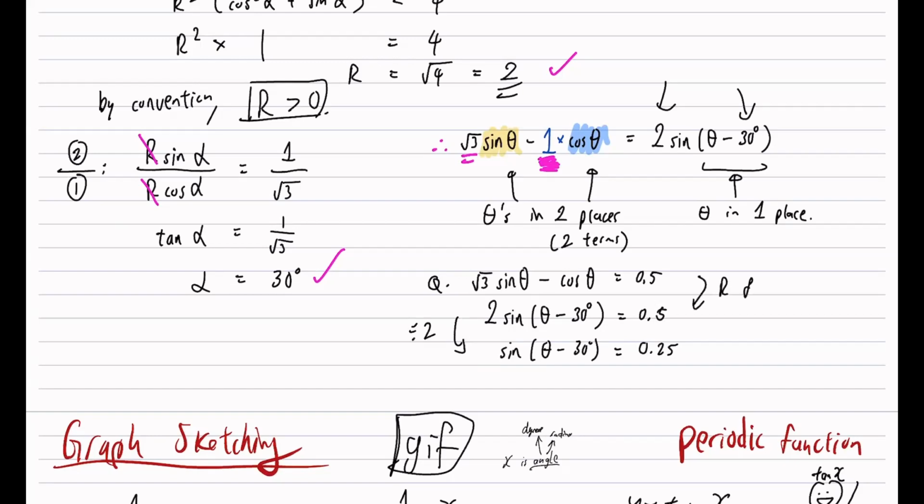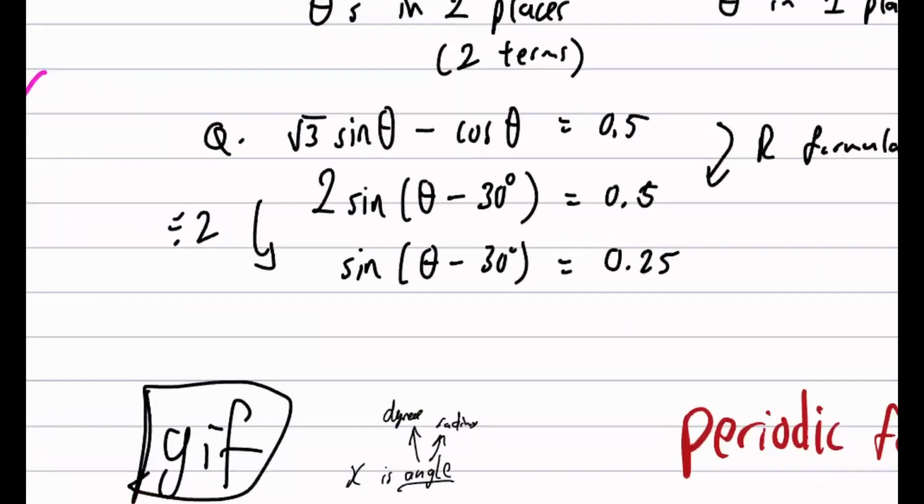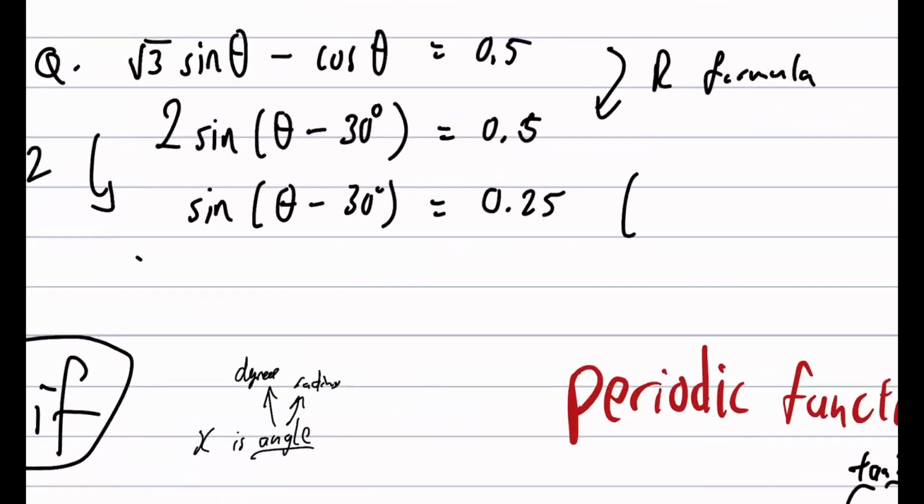Here you're using the R formula. Then after that, you can find your alpha. Alpha equals to what? Just take the sine inverse of 0.25, right? Maybe I'll work in radians.